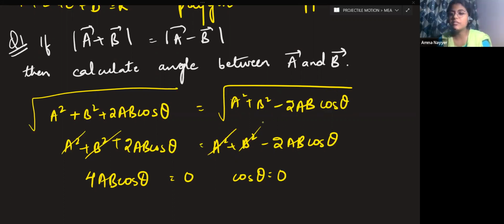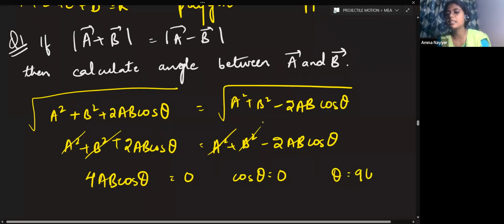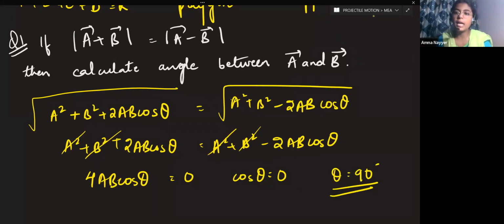So the angle between A and B is 90 degrees. You can even learn this answer because in MCQs, if it is asked anywhere, this is used a lot. So 90 degrees, you can learn it. Fine. So note this down, then we'll start with the resolution of vectors.